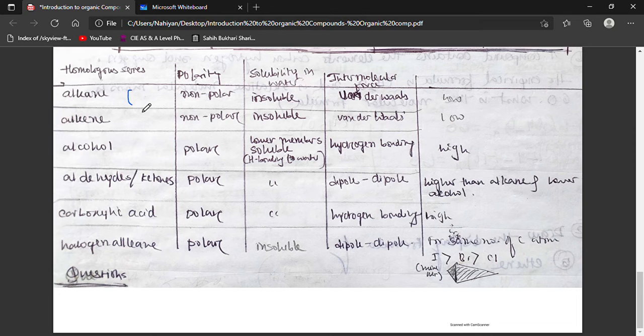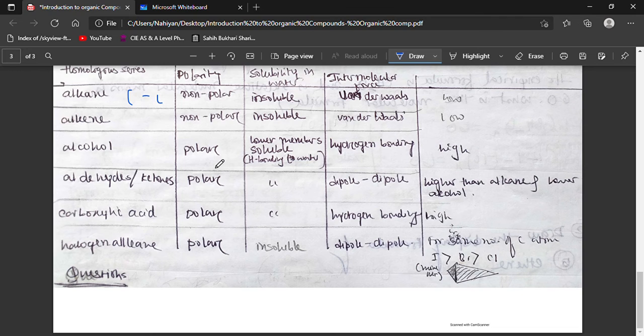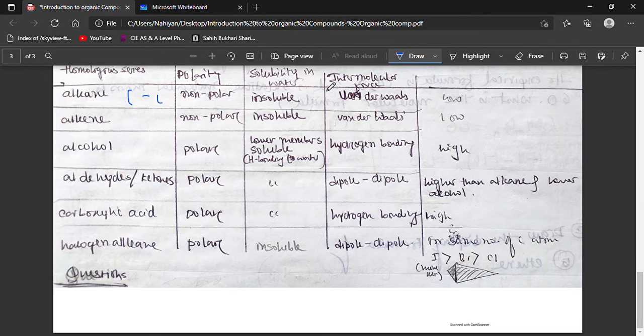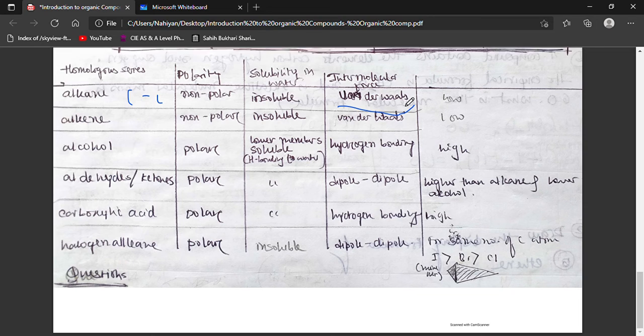Moving on, now talking about the properties and how they react. Alkanes have only single bonds and no other atoms attached. There is no uneven charge distribution, so they're non-polar, and the only intermolecular forces acting in alkanes are van der Waals forces. So it's just the number of electrons that determines the van der Waals forces.